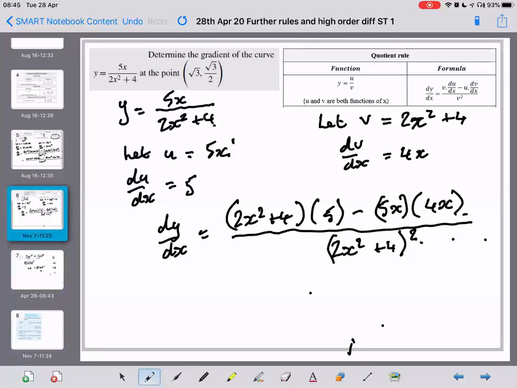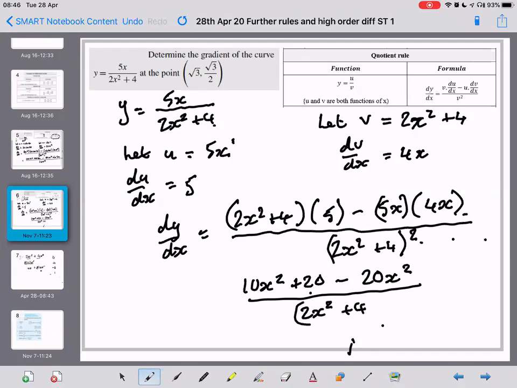So if we then simplify here, we've got 10x squared plus 4 5s are 20 minus 20x squared all over 2x squared plus 4 all squared.